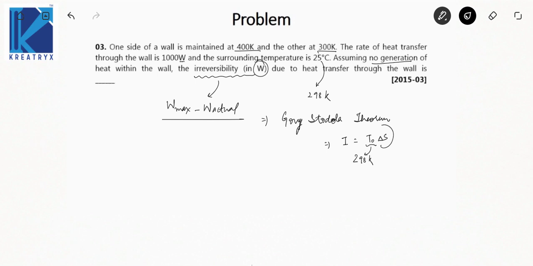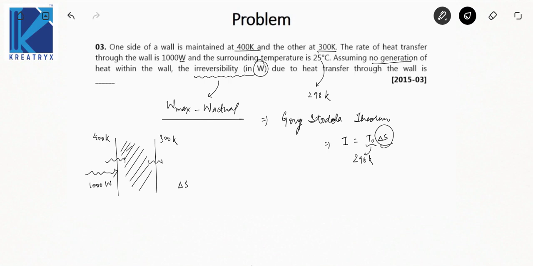So if we find delta S, we find irreversibility. This type of question we have done in the previous video, that this wall is at 400 Kelvin, this is at 300 Kelvin, and 1000 watt of heat energy is going from this wall to this wall.